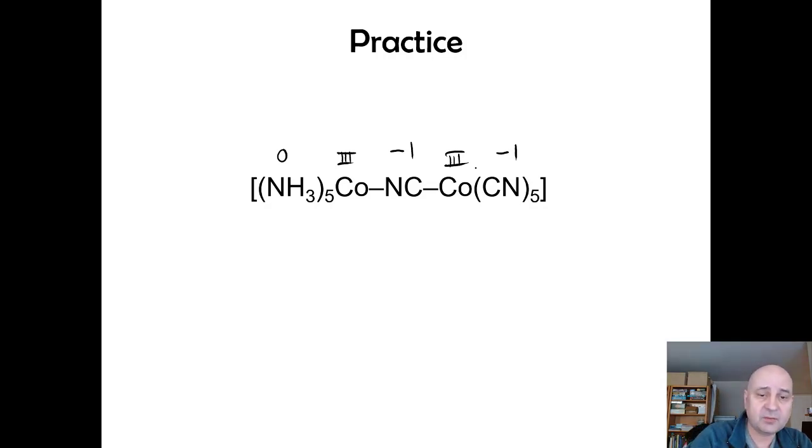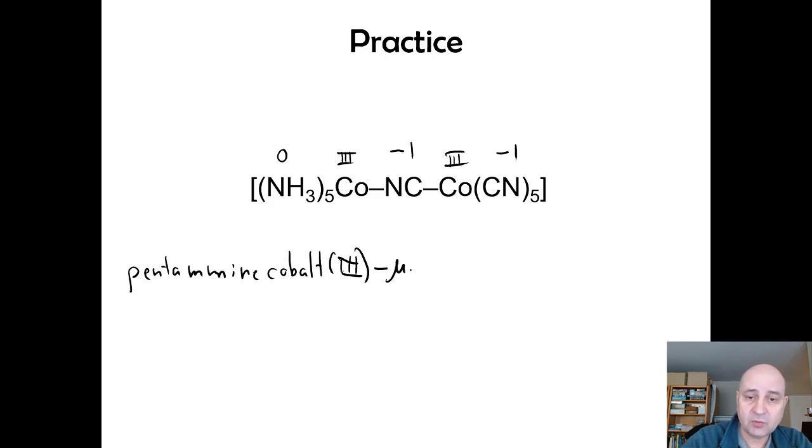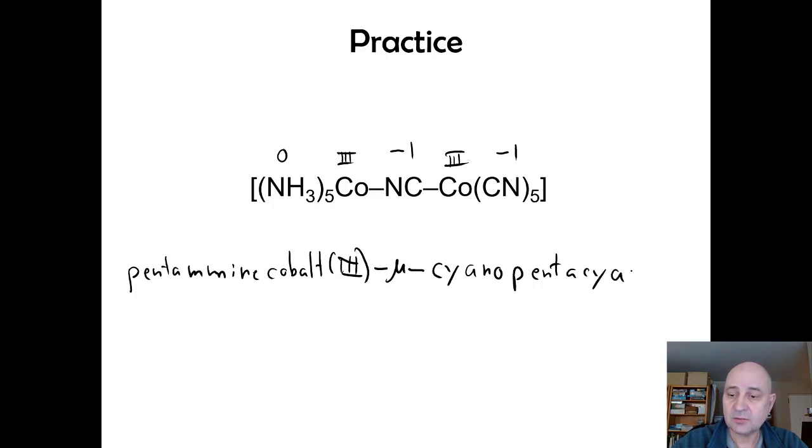So we're going to call this pentaammine cobalt 3, and then dash mu dash cyano, and then we keep going, pentacyano cobalt, and this should be one word.